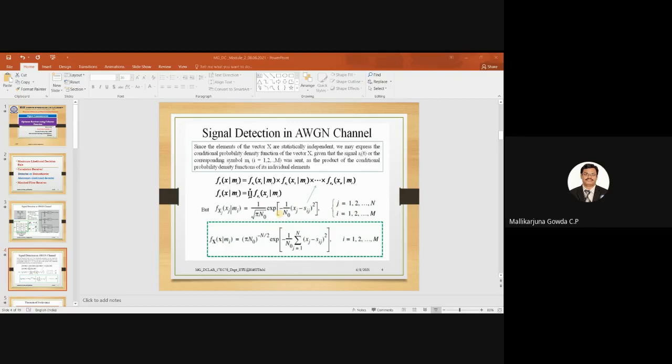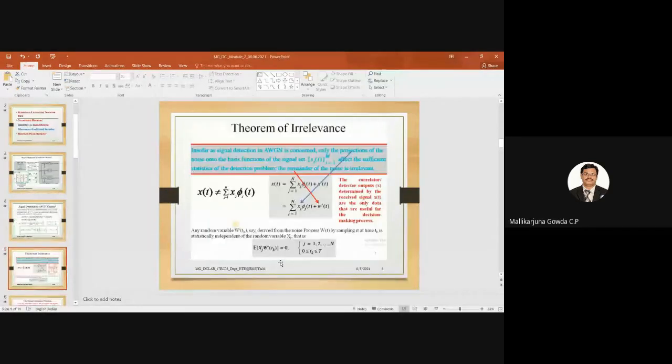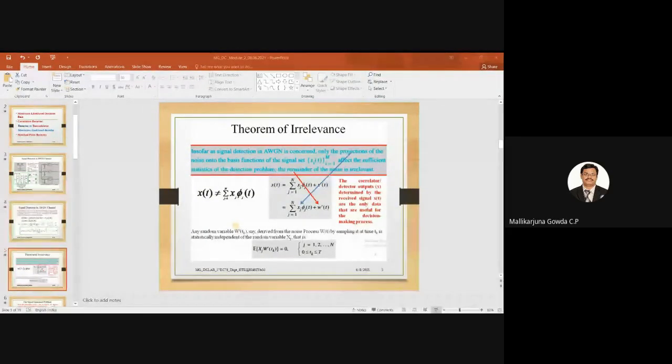After this, I defined some of the terms, and before going to those terms, I might not have used the word theorem of irrelevance, but I told this is equation 7.